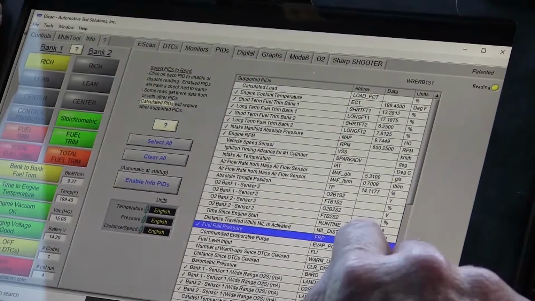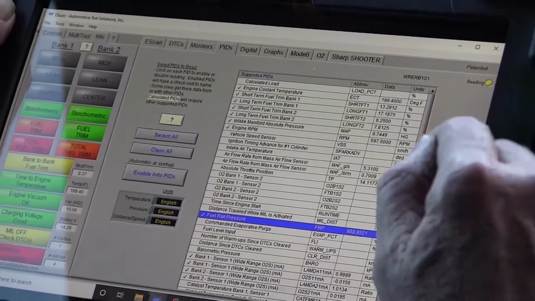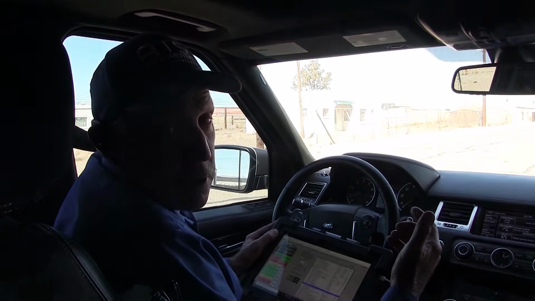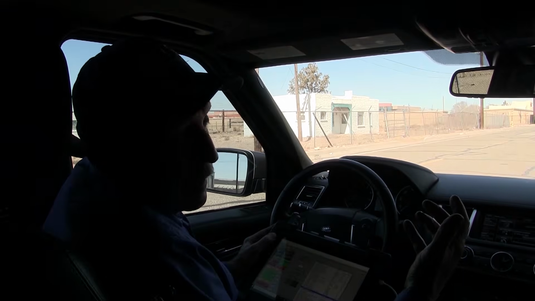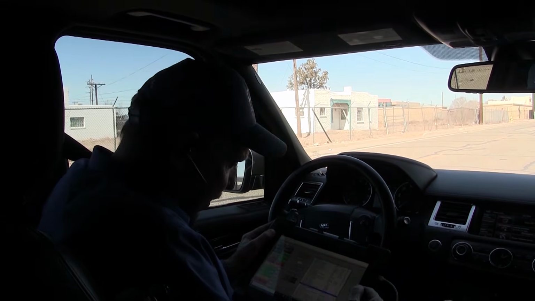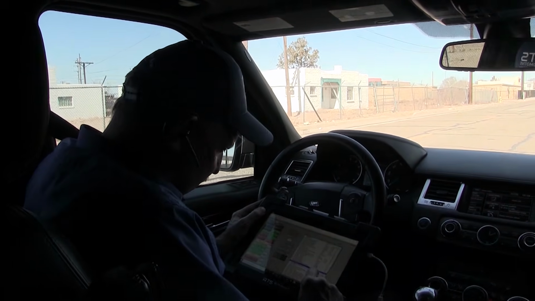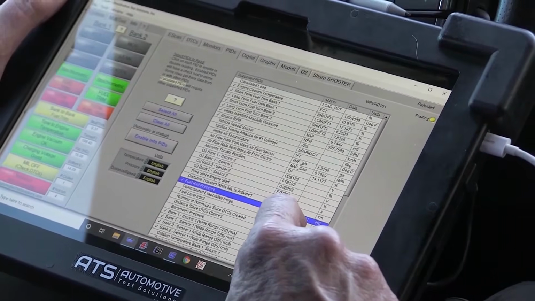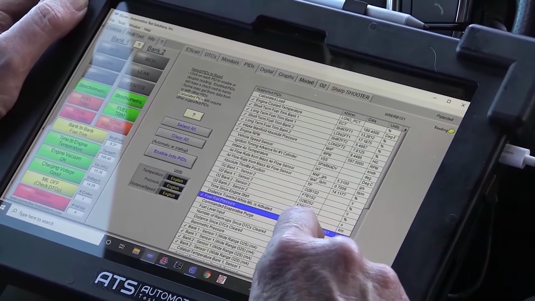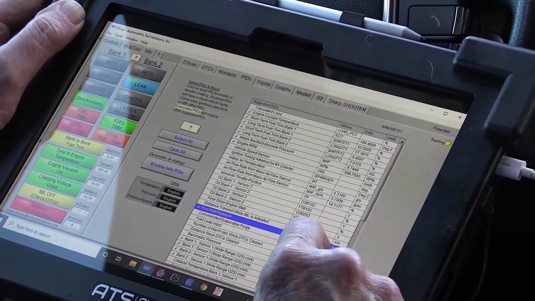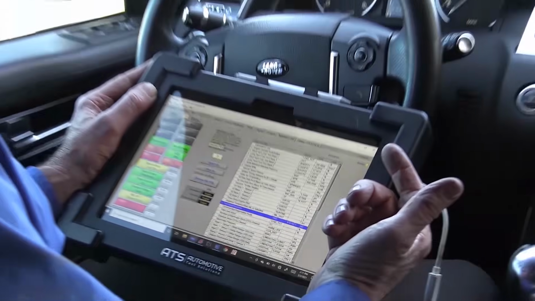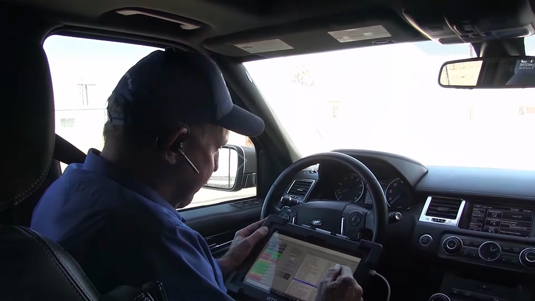So now it's in inHg, that's inches of mercury, and the conversion factor to PSI is 2.036. Basically we're going to divide it by 2, and that's going to get us there. So right here we've got 870, 850, so roughly 420 to 450, and I'd expect this car to have about 450 to 500 on the pressure.